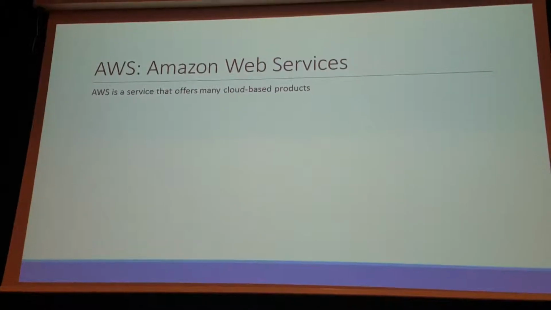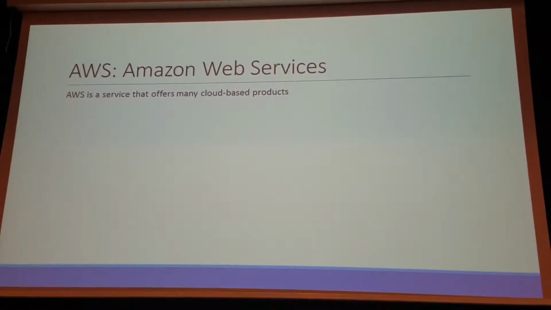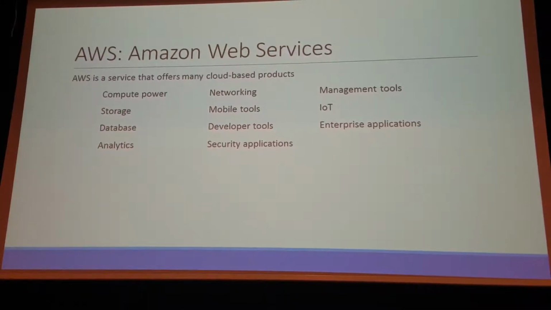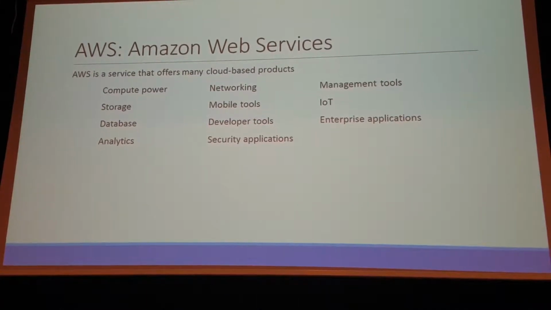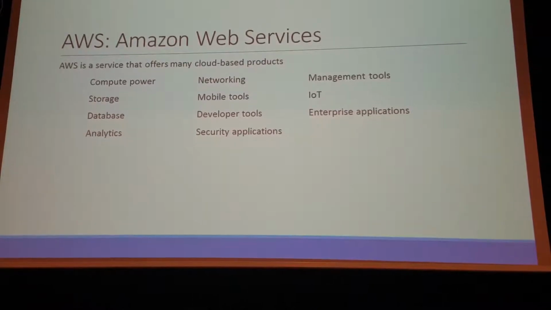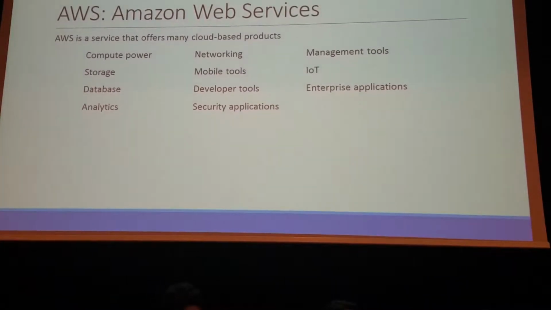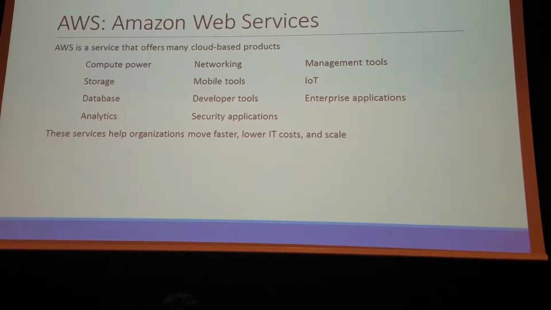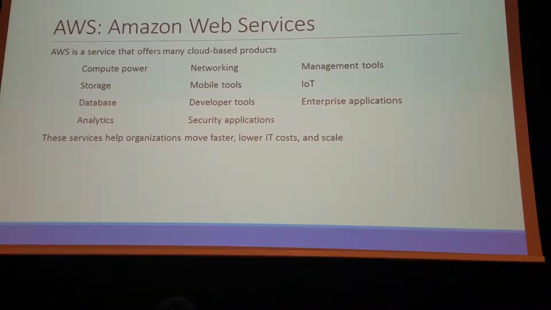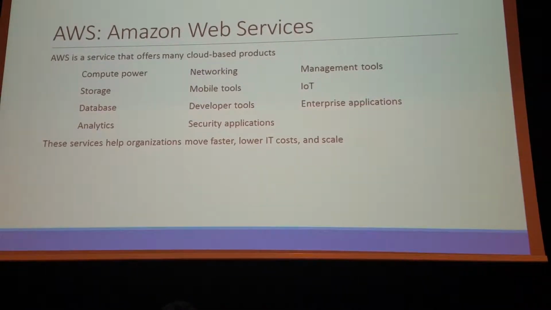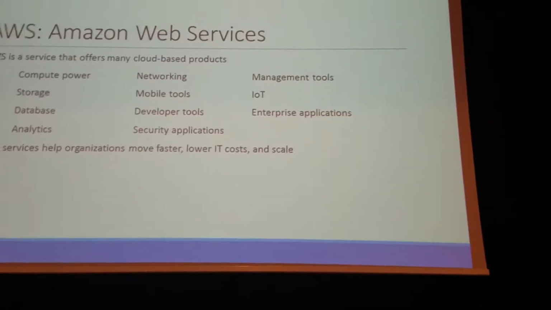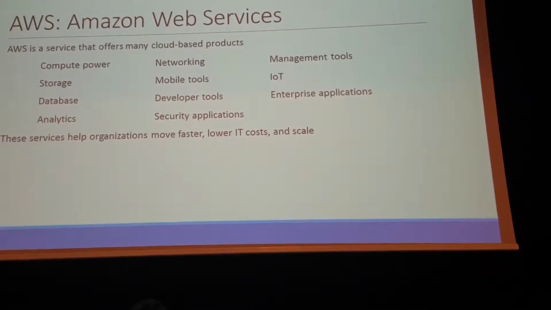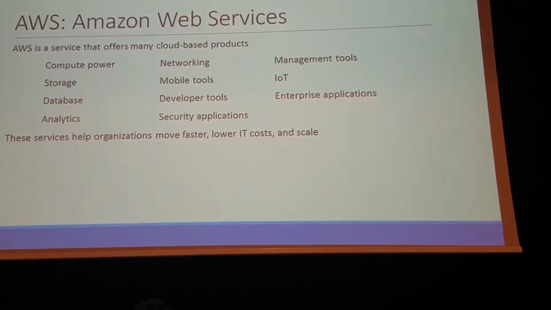So AWS is a service offered by Amazon that offers many cloud-based products. These are just a few of the areas that AWS offers services for. These services are important because they help organizations move faster by providing already built infrastructure, as well as helping them to scale and lower their IT costs.